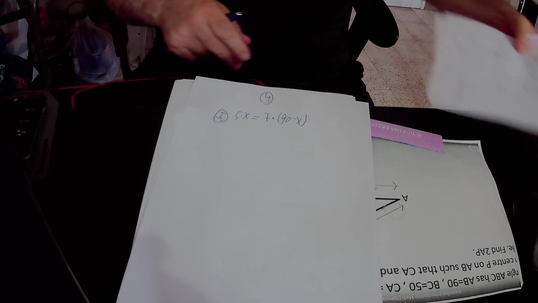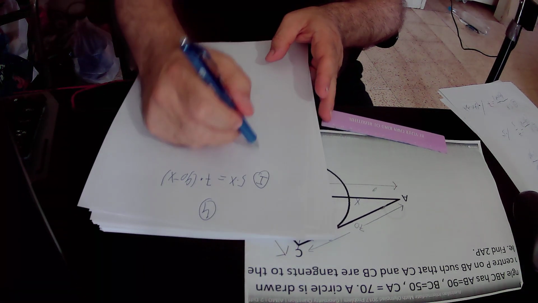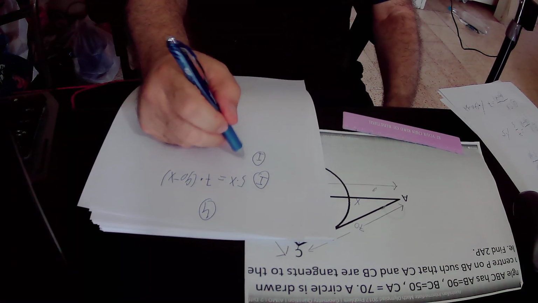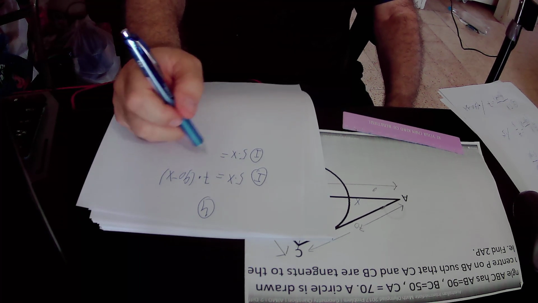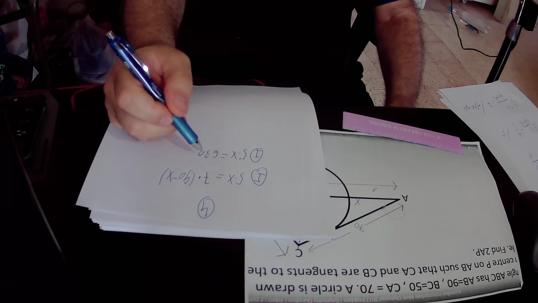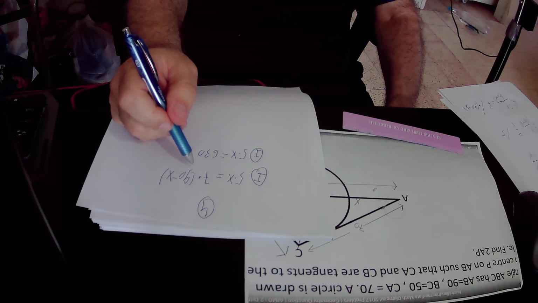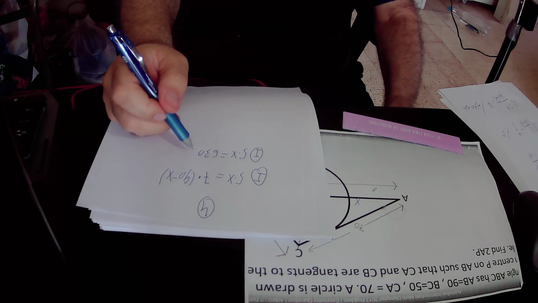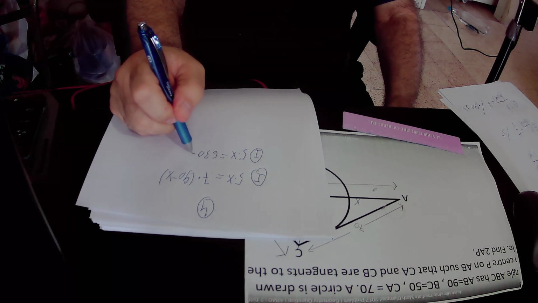We will open the brackets now. So 5x equals 7 times 90, which is 630, and 7 times minus x equals minus 7x.